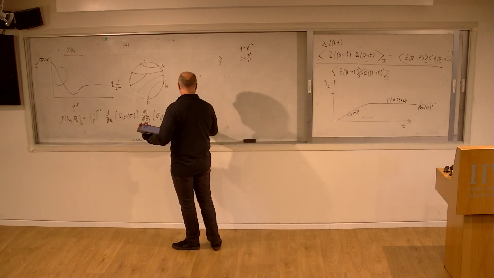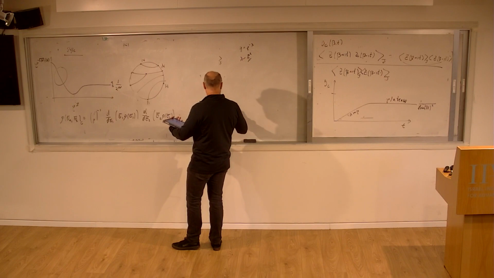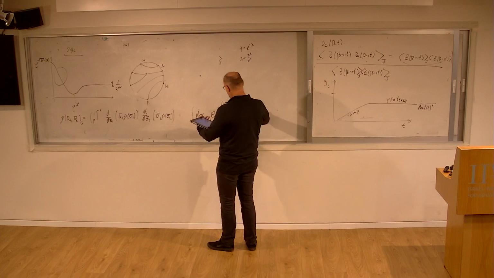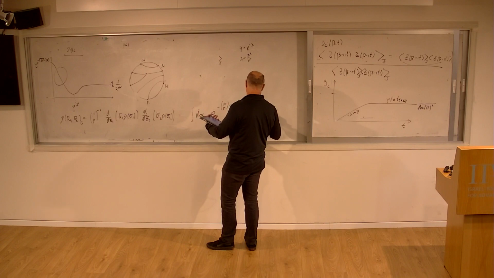So I'm going to write this as d alpha e to the minus n choose p minus, no, alpha squared rho of alpha E1 rho of alpha E2.